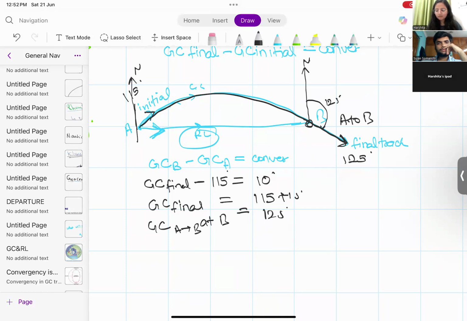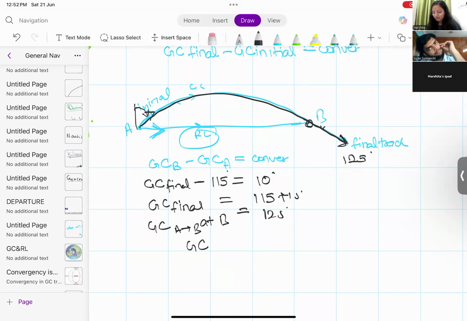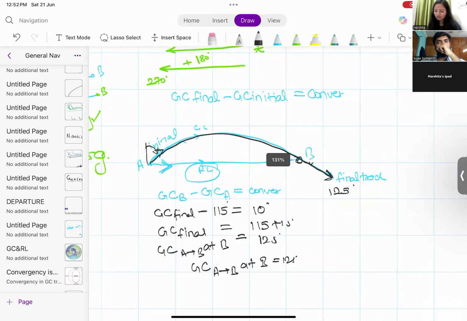From this north, this much angle is 115 degree. So we found out GC A to B at B is 125 degree.